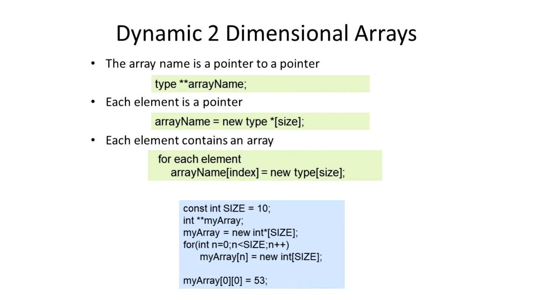All right. So what we actually see in the syntax, if we have a look at the blue box, is that we've got the pointer to a pointer. In this case, it's of primitive type. It's going to be storing integers on the array, on the heap. And if you have a look at the for loop, we see that we've got the myArray element, which you notice there, it's just a single dimension. It's just one value within a square bracket.